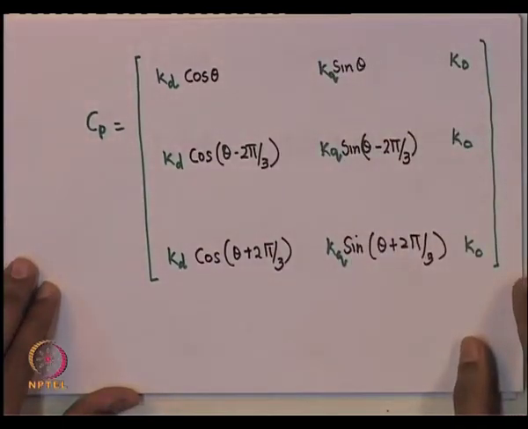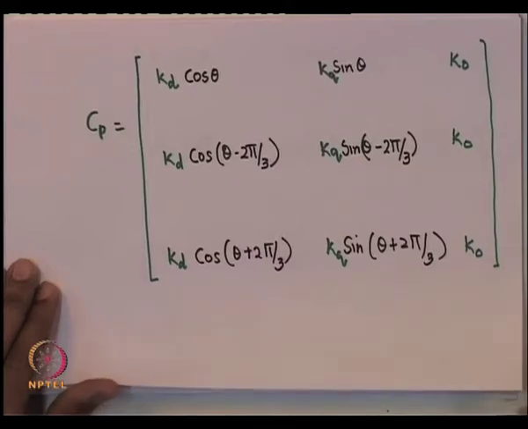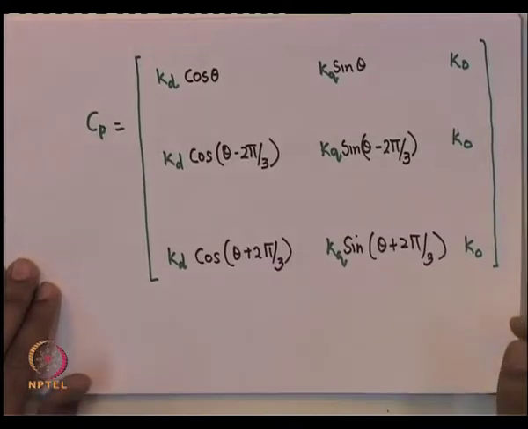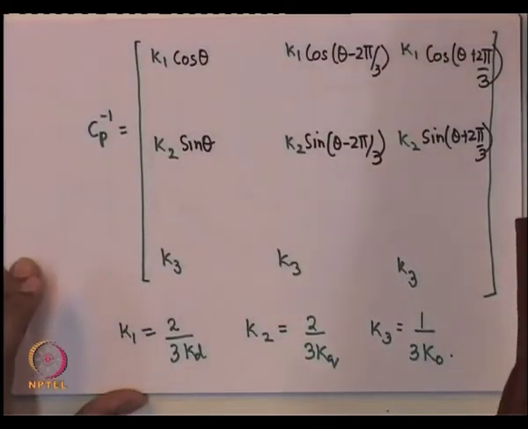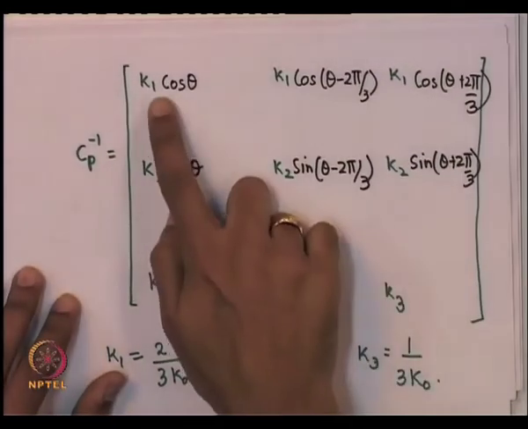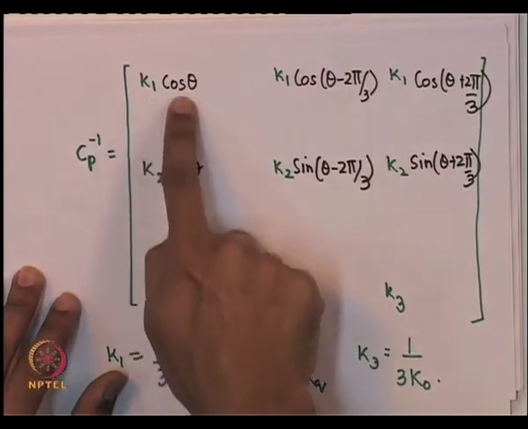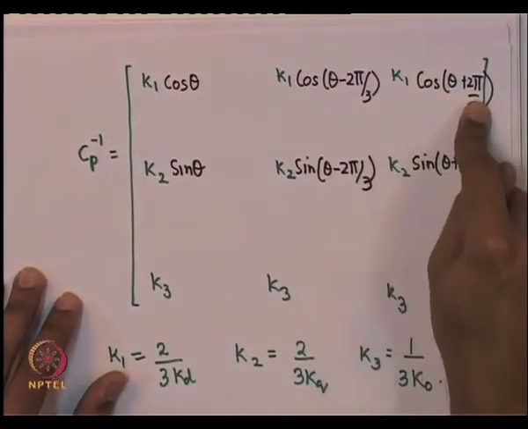And whatever be their value, as long as they are not 0, they satisfy our purpose of converting the time variant flux relationships into time invariant flux relationships in the dq0 variables. C p inverse in fact looks like C p transpose. If you look at the structure, you will see that you have cos theta minus 2 pi by 3 and cos theta plus 2 pi by 3 here.